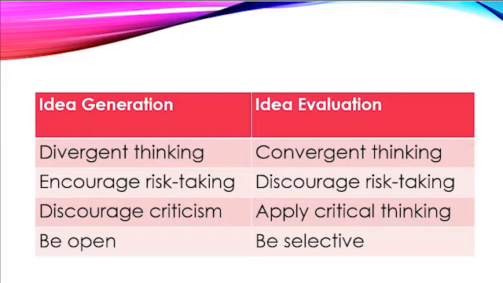So divergent thinking and acceptance of random ideas without criticism is associated with idea generation. For example, brainstorming activities. In contrast, convergent thinking and critical thinking to consider whether the idea is in alignment with organizational values, whether it's a strategic fit, whether it will achieve the desired outcome, is more appropriate at the evaluation stage. In the idea generation stage, we need to encourage risk-taking, and we need to discourage criticism.